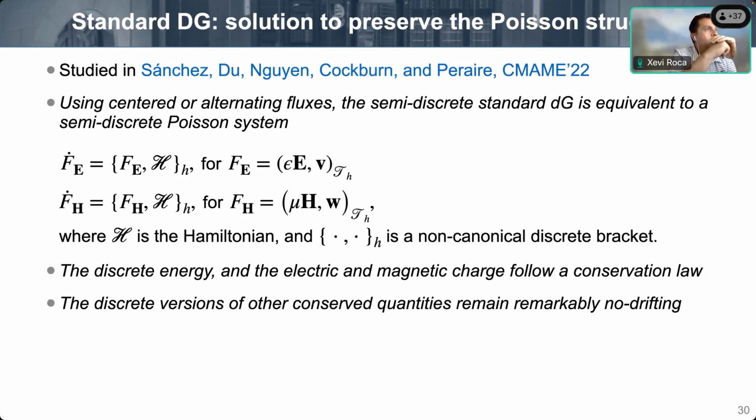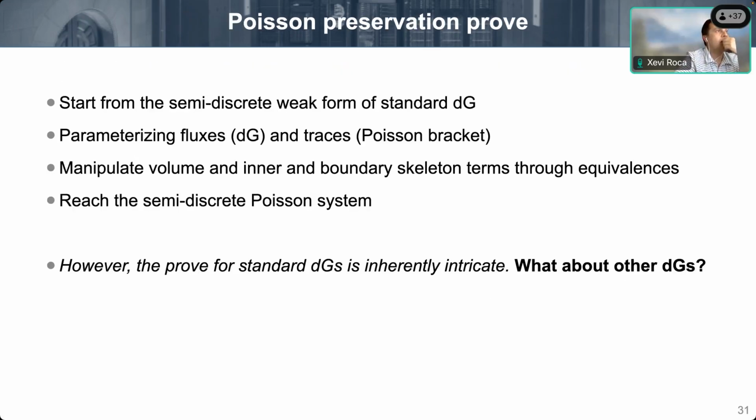What happens when you use this discrete DG form is that the discrete energy and the electric and magnetic charge follow a conservation law. And for other quantities, in long integration periods, the quantities remain remarkably non-drifting. Next slide. And how do they prove that this semi-discrete form preserves the Poisson structure?